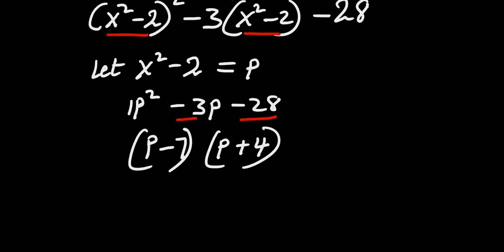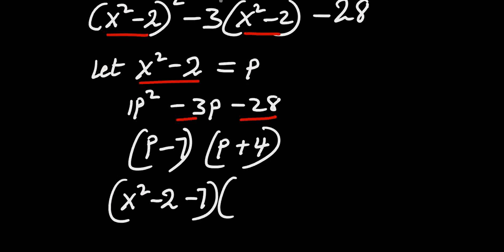And now we can substitute the value of p into the contents of the parentheses, and remember that p is equal to x squared negative 2. So let's bring it back, and this will become x squared negative 2 negative 7 close parenthesis x squared negative 2 plus 4.